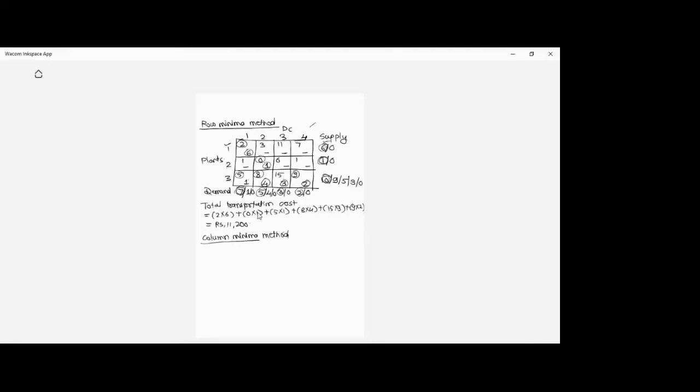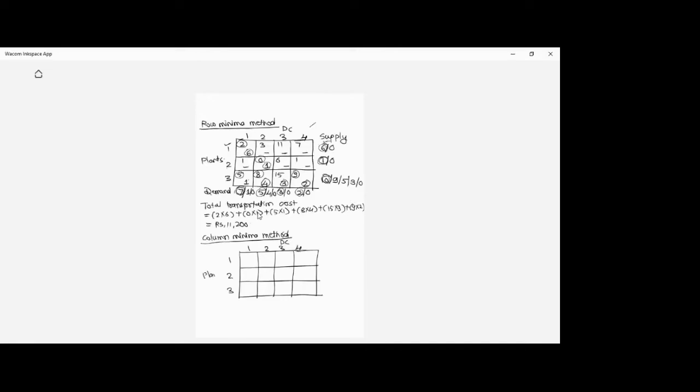In column minima method, in a similar way to what we have seen in row, we will have to consider it for the column, right? So I'll be just drawing the table again. So these are all the DCs that we have.